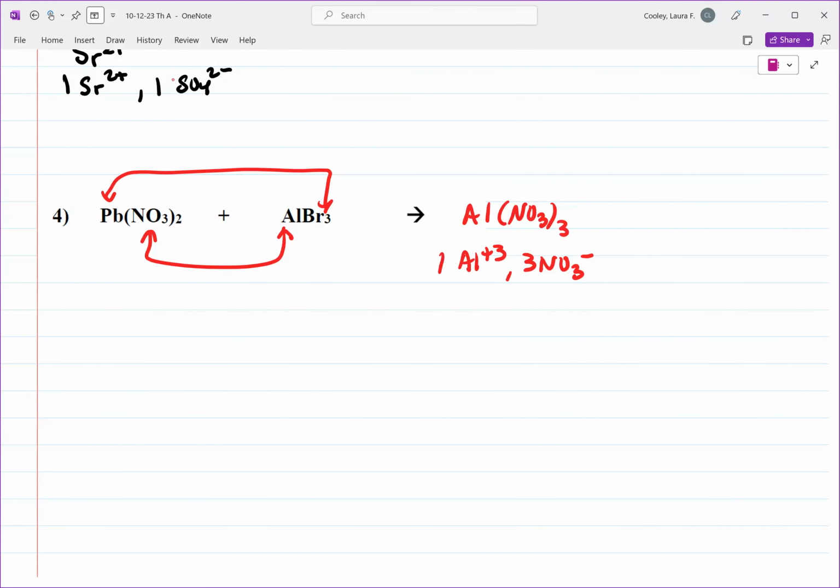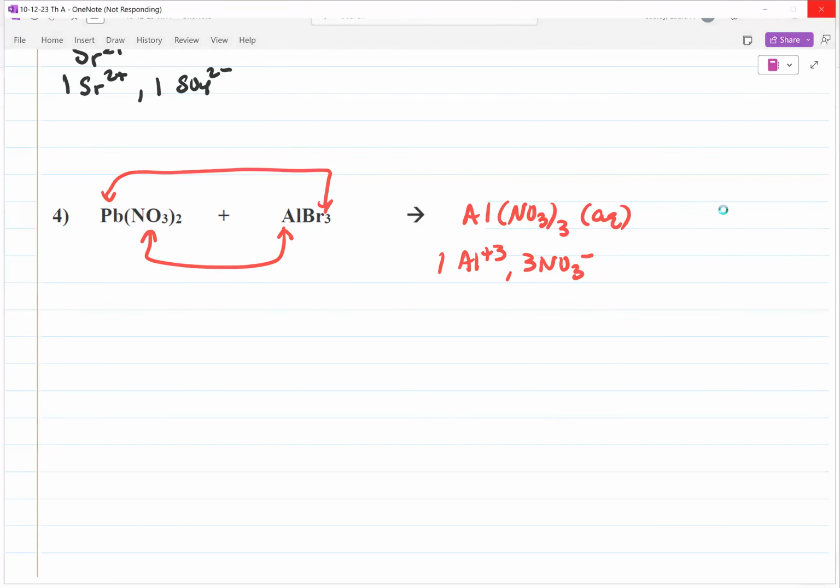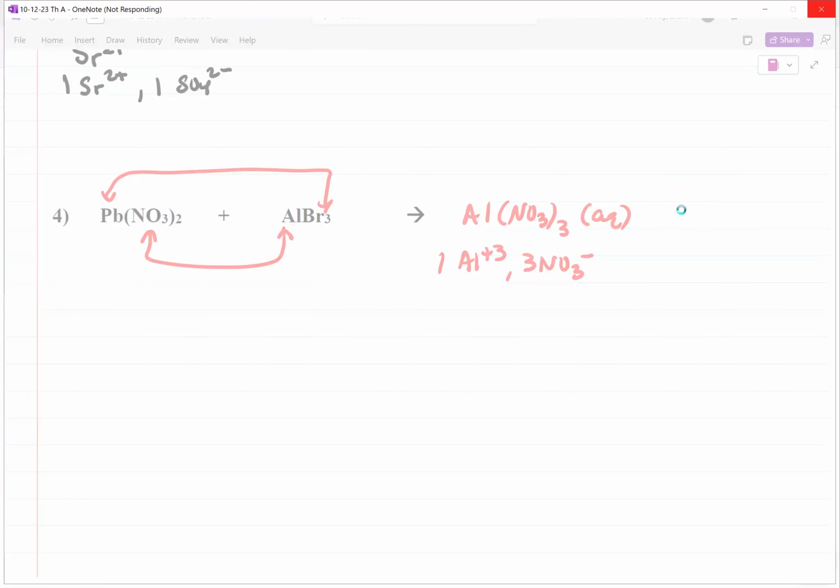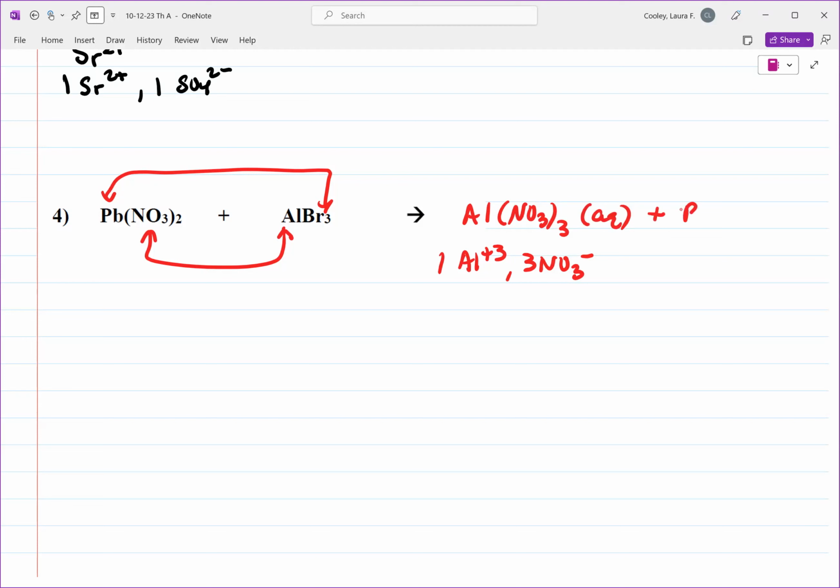So that's the formula. It's a nitrate, so it's aqueous. The other one is Pb with bromide, because we know that lead is 2 plus and bromide is a single negative. So that's the ions that you'll have in one formula unit.